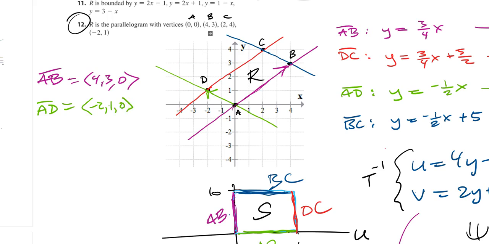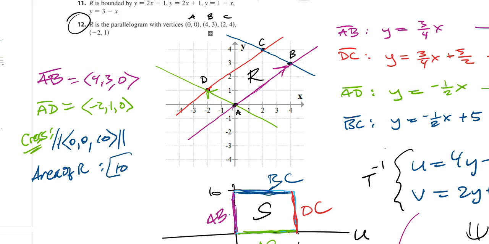Now the cross product of these two will be 0, 0, and then 4 minus a minus 6, so 4 plus 6 would be 10. And so the area of R is the magnitude of this cross product, and that would be 10.